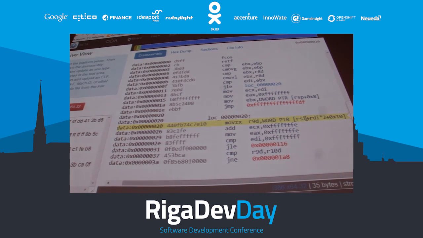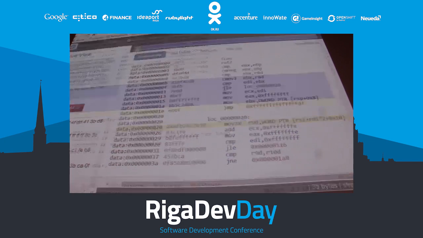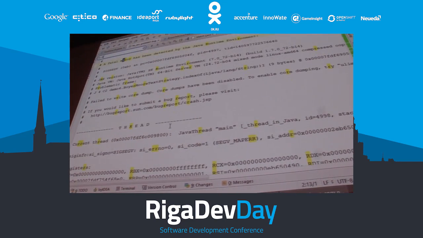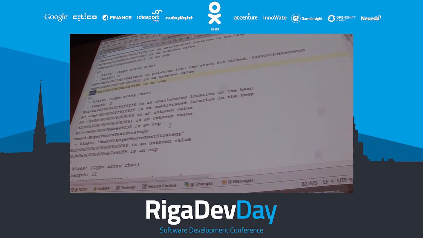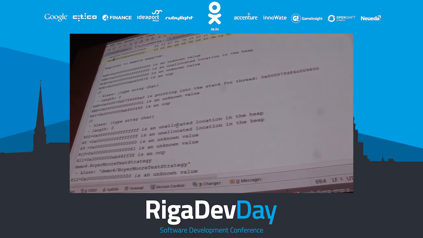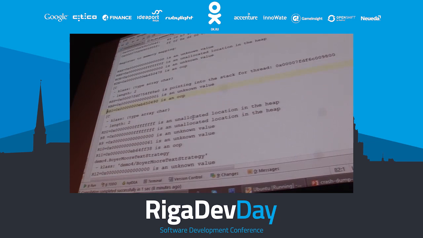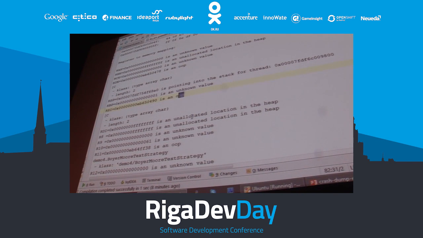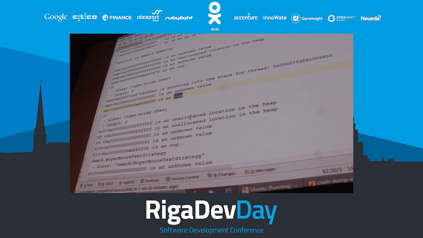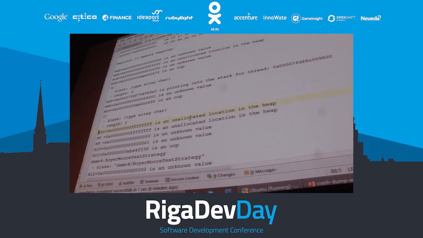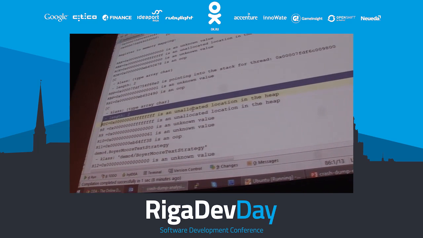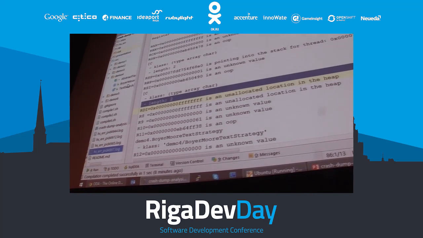Let's see what's in the registers RSI and RDI. The extended information about registers tells us that RSI is an ordinary object pointer, which is basically a Java object of type character array and of the length 2.